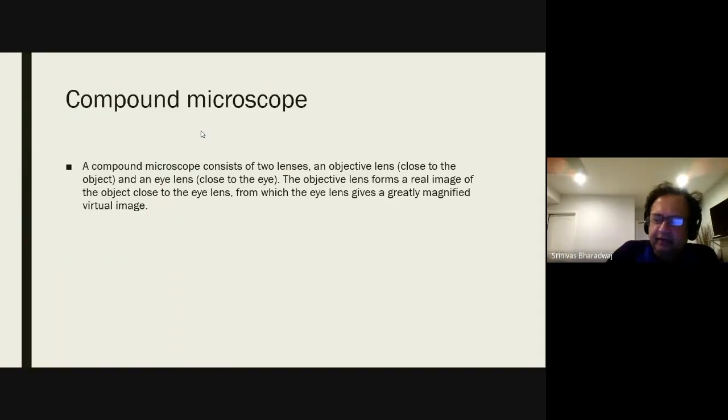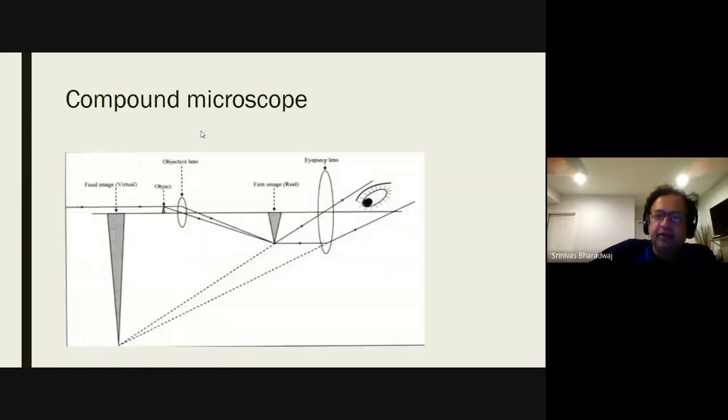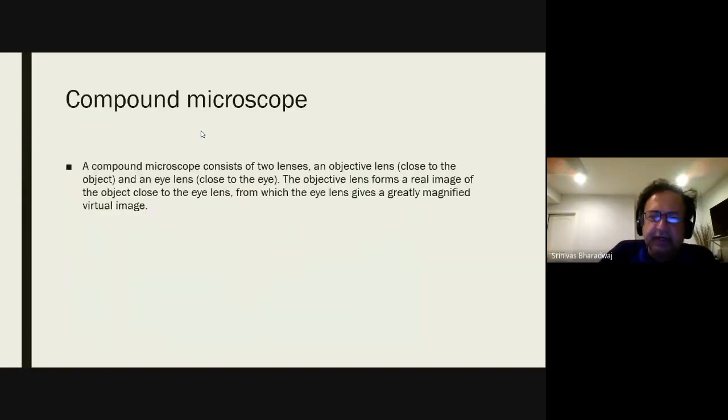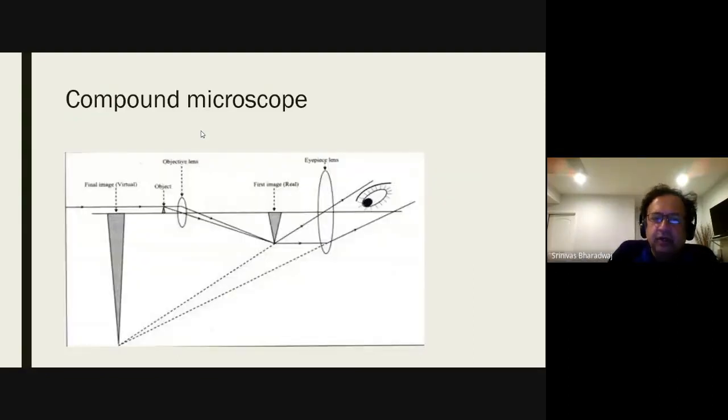Okay, so for a microscope, right? The objective lens forms a real image of the object close to the eye lens. Because it is so close to the eye lens, the eye lens will form a final virtual image which is much bigger.